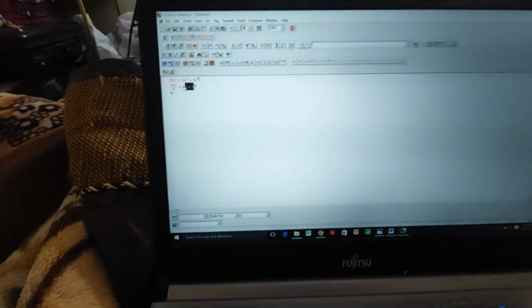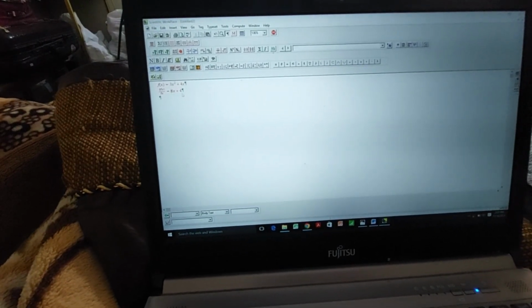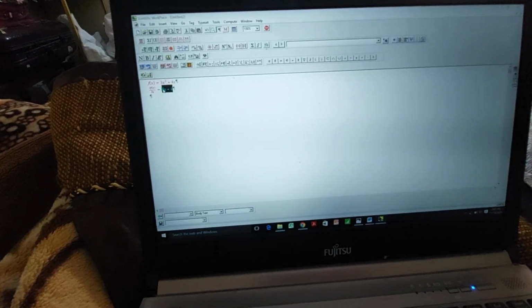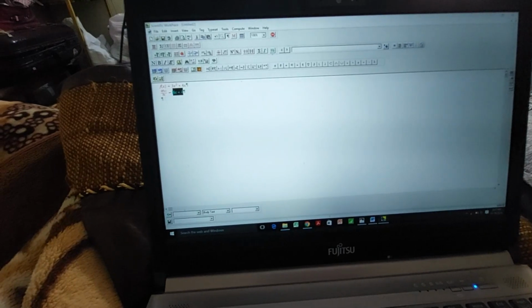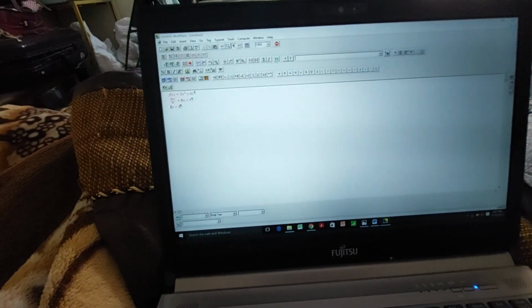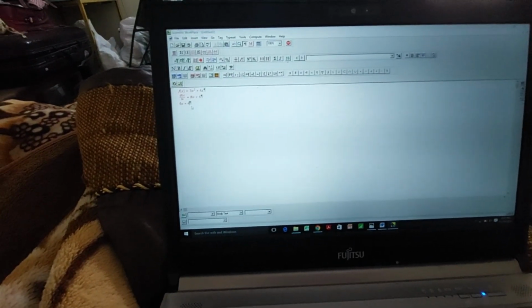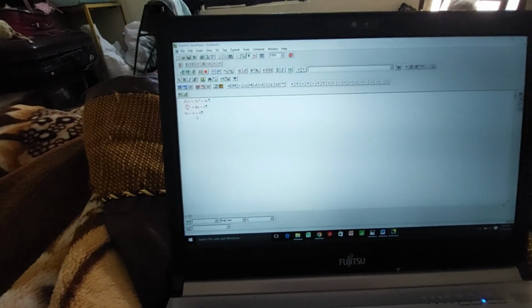I am using a mobile on one hand, so you have to copy with me. I say Control V over here and say that it is equal to 0.